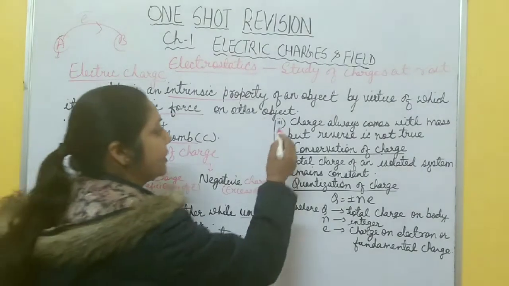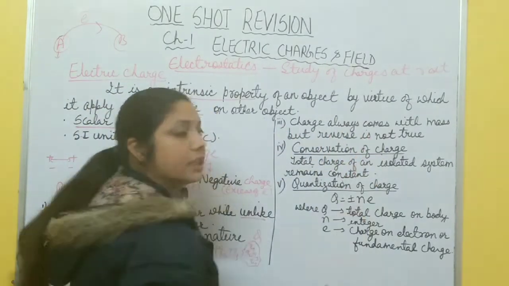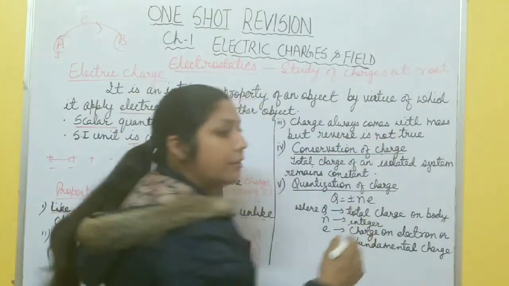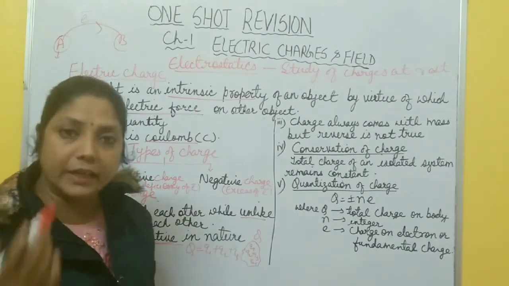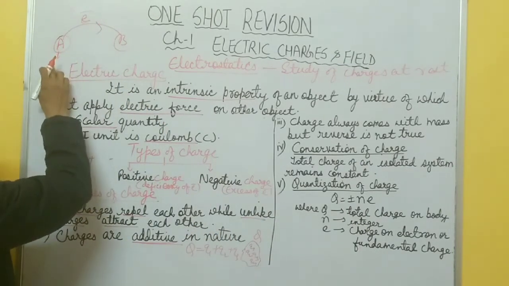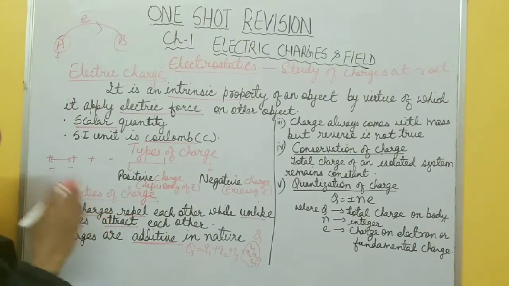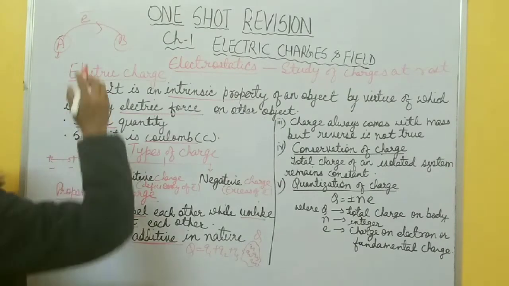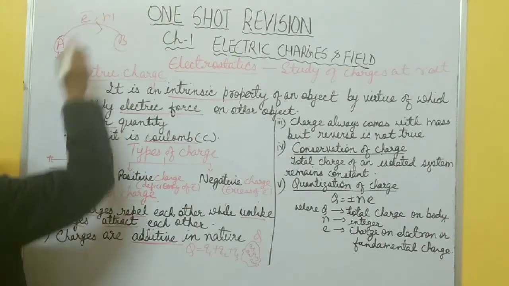Next one is the third one. Charge always comes with mass. It means whenever there is transfer of electrons, suppose electrons transfer from this body to this body, then there is transfer of mass also.